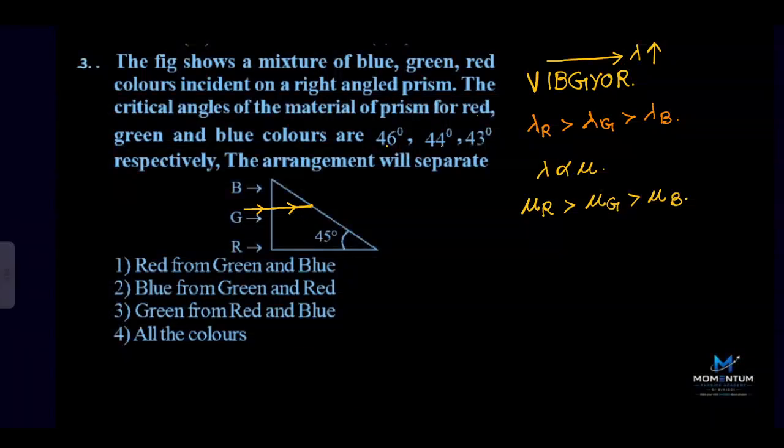At this location, if I call this a normal, look at the angles here. This angle is given as 45 degrees, which means this angle is also 45 degrees. This is 90 degrees, so this angle is 45 degrees.